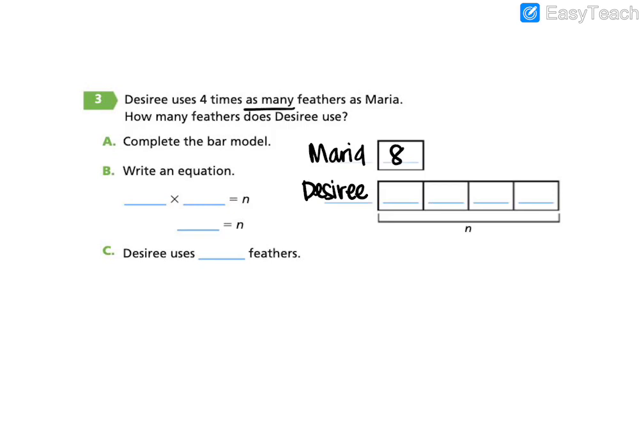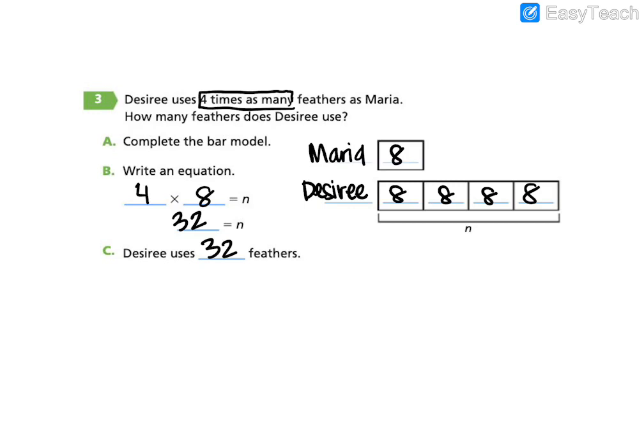Desiree uses 4 times as many as Maria. So 4 times as many as the 8 feathers Maria uses is going to be how many Desiree uses. So Desiree uses 32 feathers.